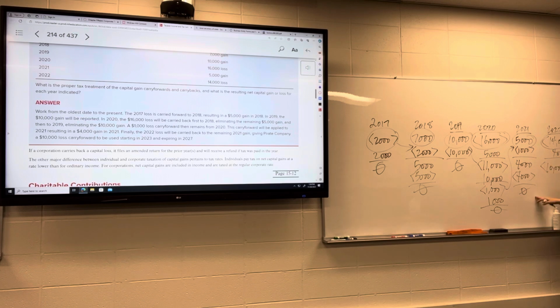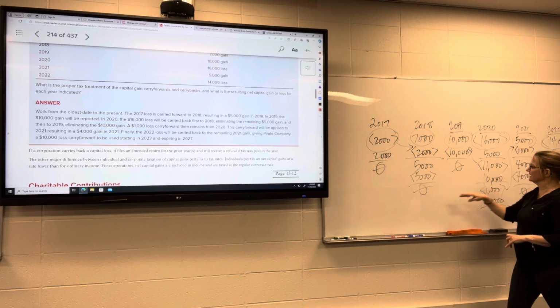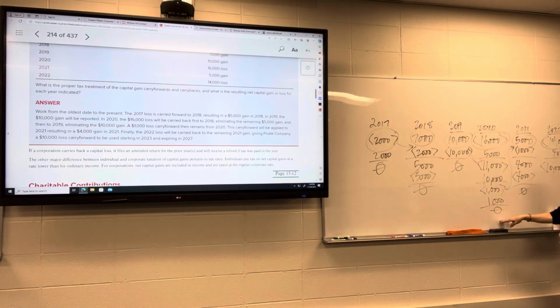We'll pay tax on that, but then the next year, we have another loss. So we can go back again. We have no gains to absorb in any of those earlier years, but we do have 2021.